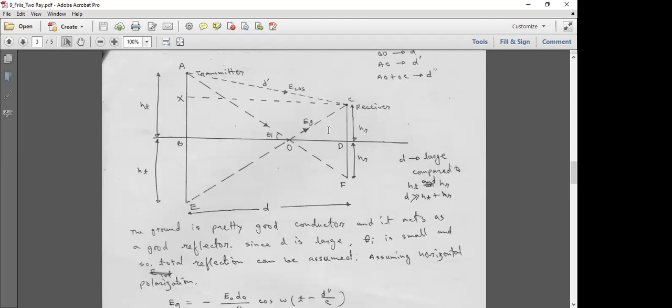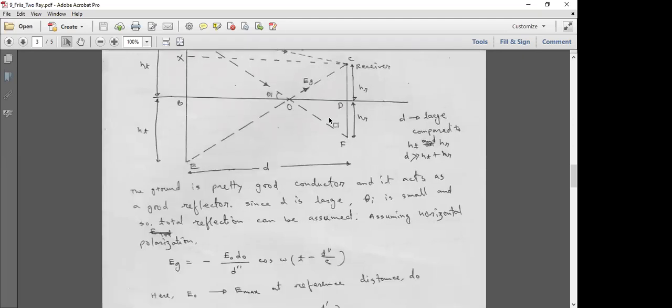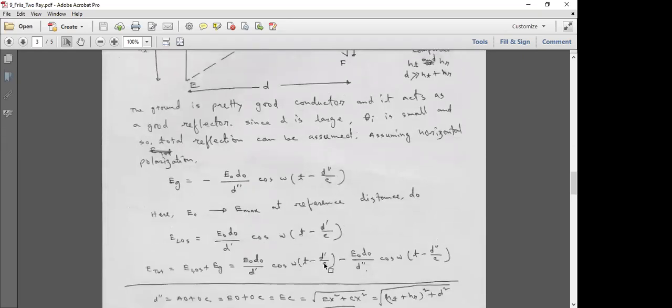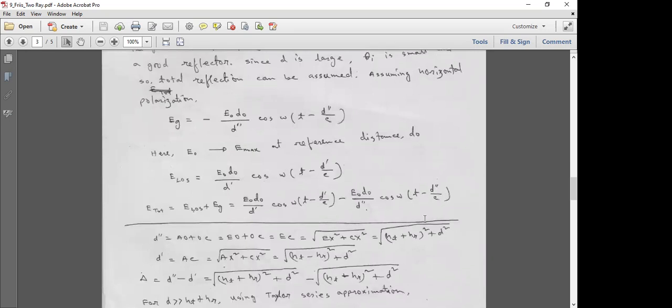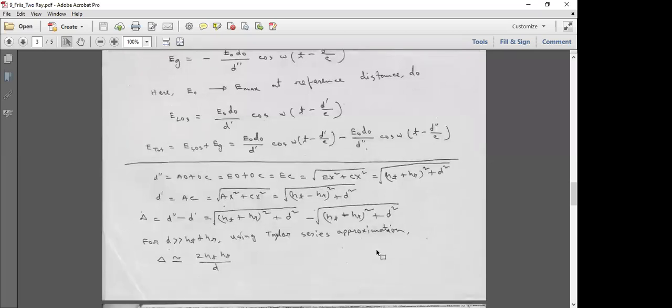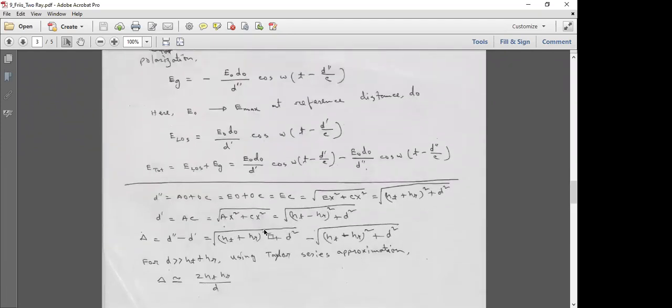But because this path is larger, it will appear with a different phase. And that is clearly shown in the equation, where you have a phase omega d prime by c here, and omega d double prime by c there. That's how we see the phase difference. So we also mark the path difference by delta to relate it to the phase difference.